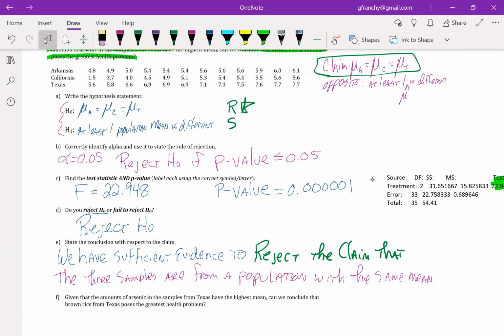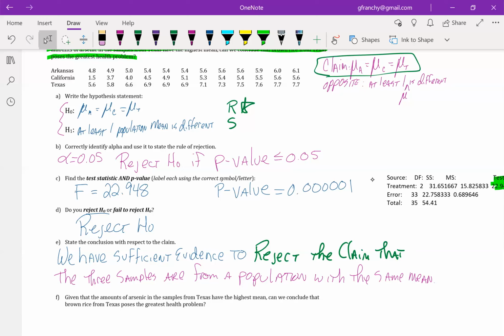When we do reject the null hypothesis, it's possible that all 3 means are different. It's possible that one is larger than the other 2, which might be the same, or one is smaller than the other 2, which might be the same.